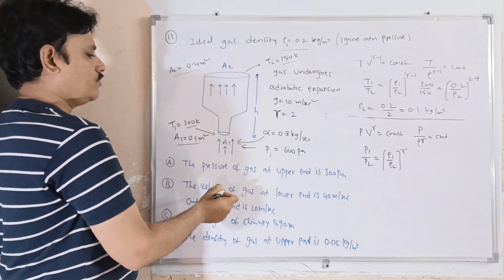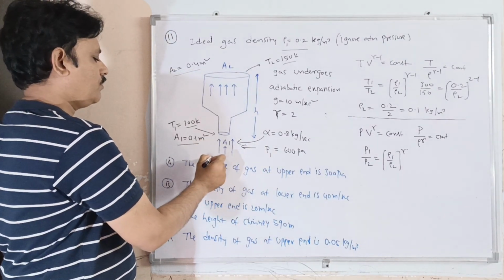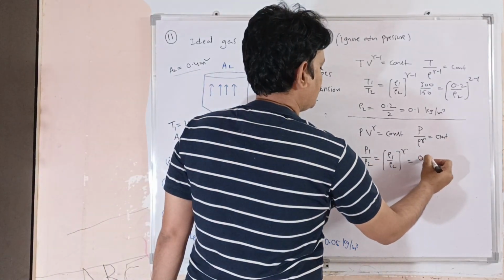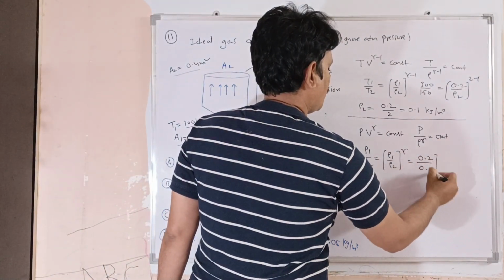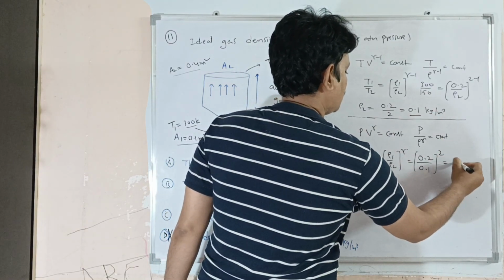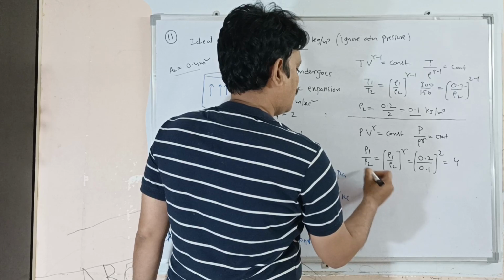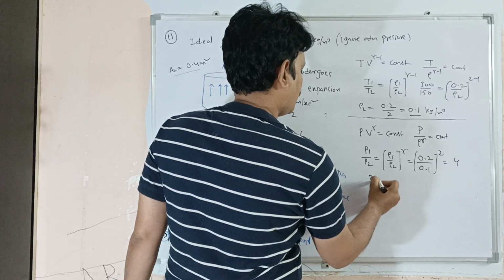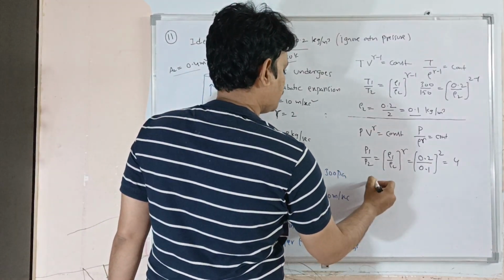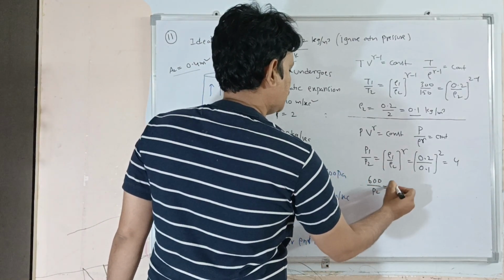So what is rho 1? Rho 1 is the density at the lower end of the chimney, which is given as 0.2, and rho 2 is the density at the upper end of the chimney, which we calculated as 0.1, whole power gamma is 2, that is 2 square is 4, and P1 is 600 pascals at the lower end of the chimney, by P2 is equal to 4.